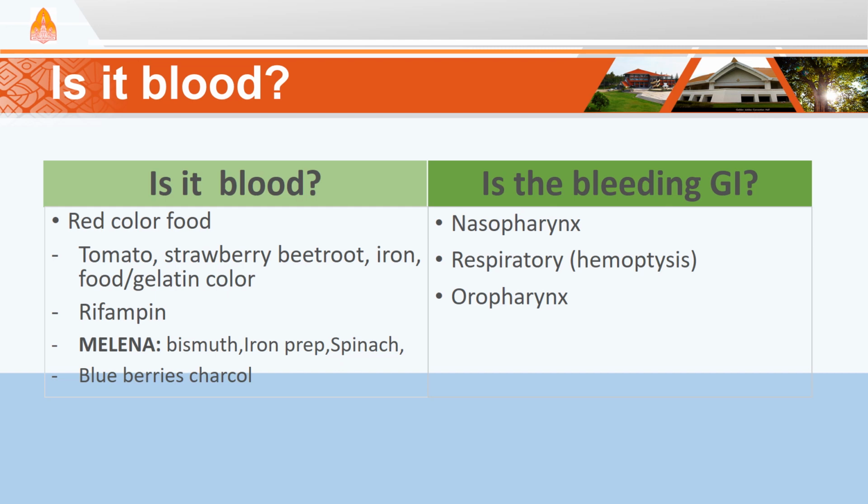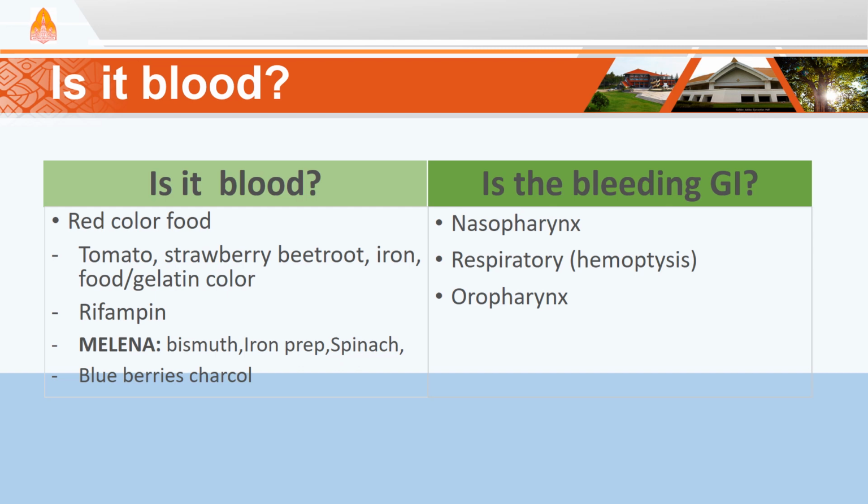Now, the practical way of dealing with these children is, when there's hematemesis or blood in the stool, the first thing we need to ask is, is it really blood?